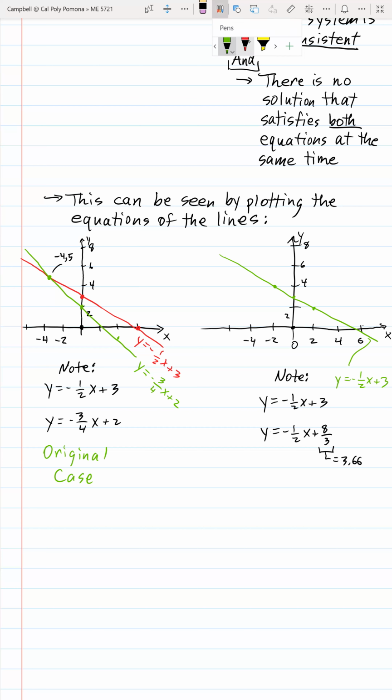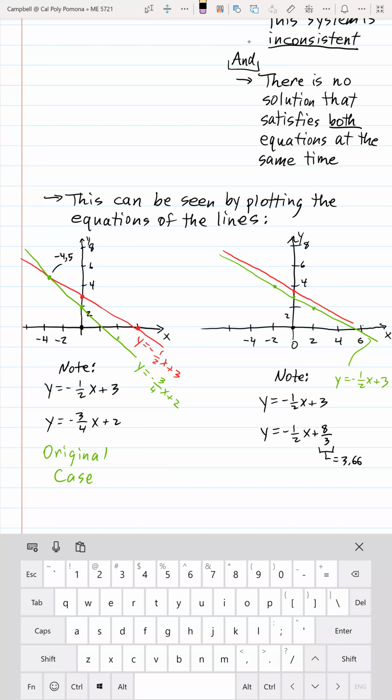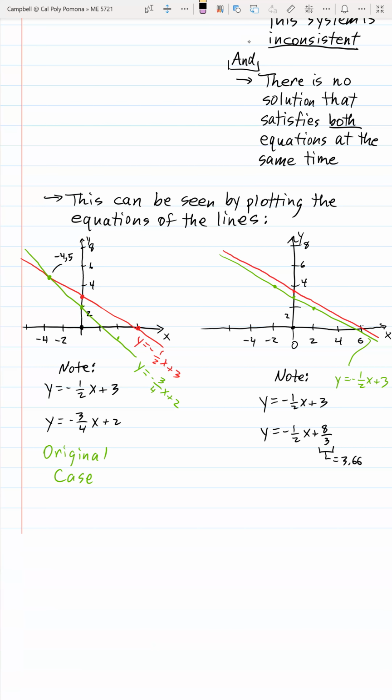What do I then have for my second line? So let's do the second line in red. And it turns out, of course, that everything is exactly the same with the exception of the y-intercept. And the y-intercept is now up here at 3.66. And so you can see why we have no solution associated with this particular set of simultaneous equations.